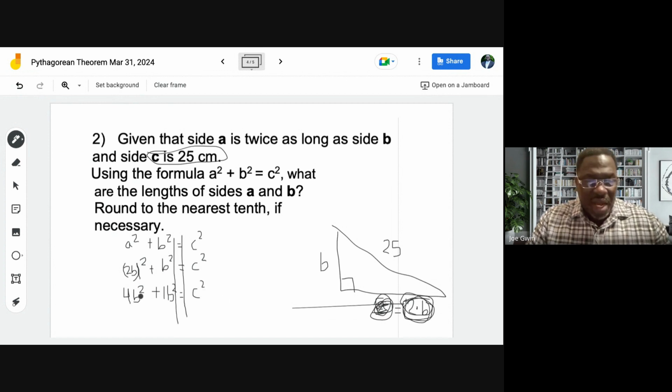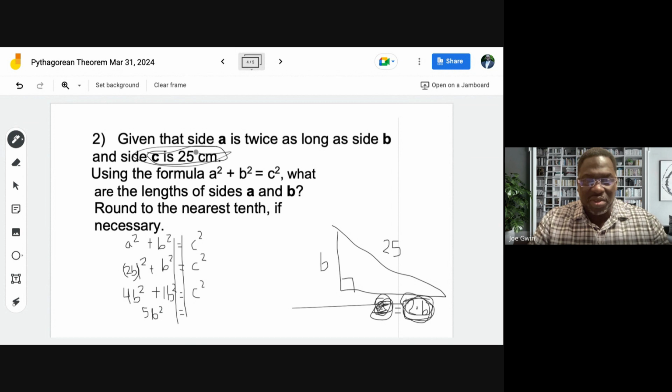All right, now let's keep going. 4B squared plus 1B squared is 5B squared, because 4 plus 1 is 5. Equals, and I forgot to put in our 25.